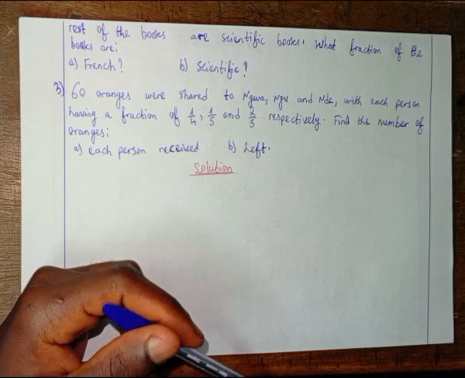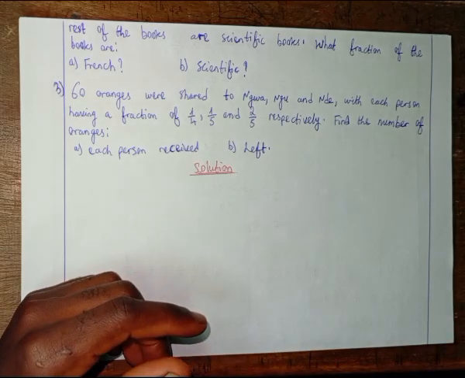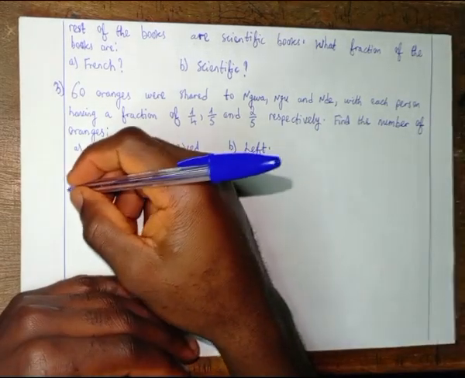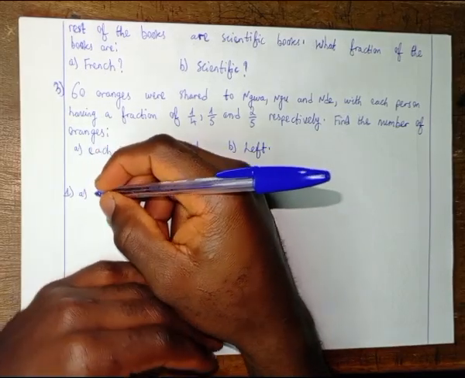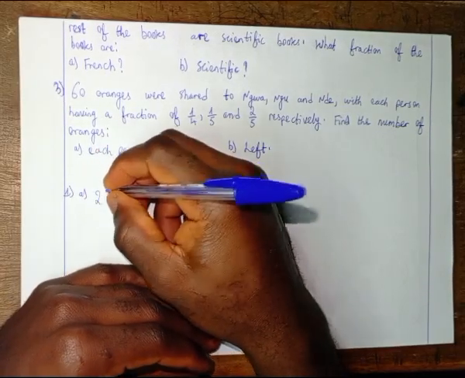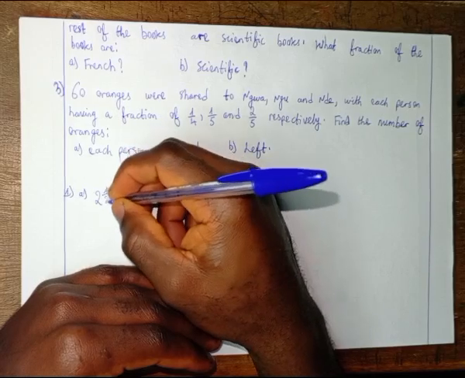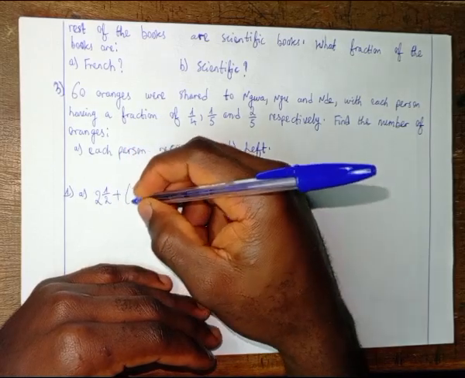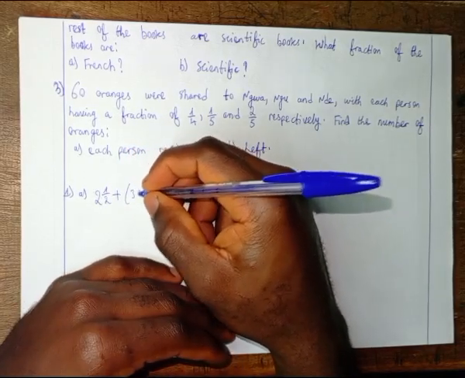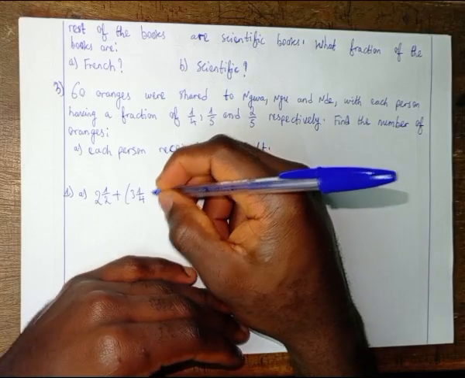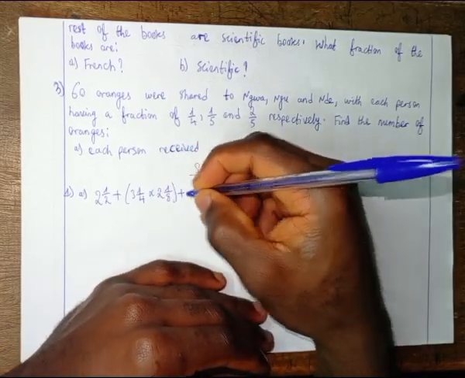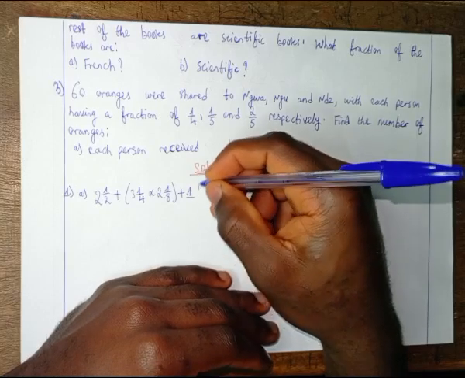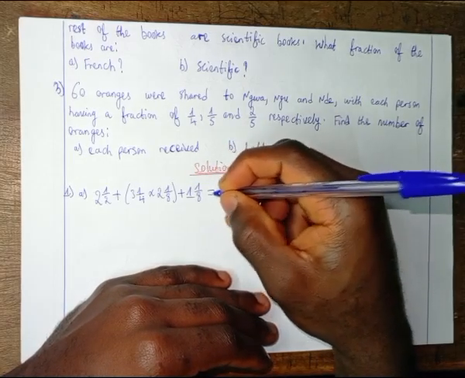We are going to start with question 1. Question 1. For E, we have to evaluate 2.5 plus brackets open 3 and 1/4 times 2 and 1/8 plus 1 and 1/8. This will simply be equal.